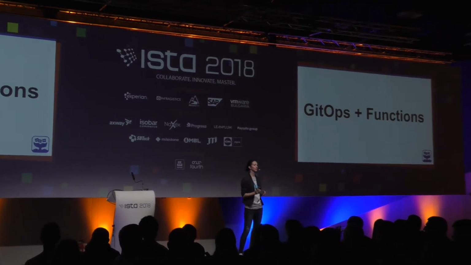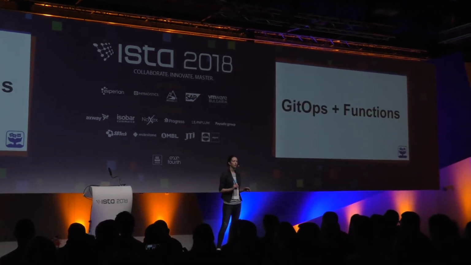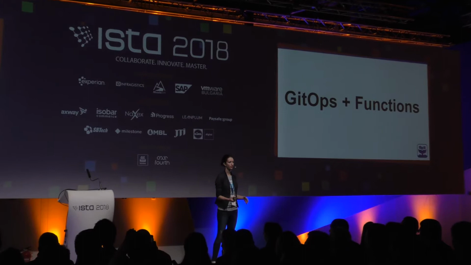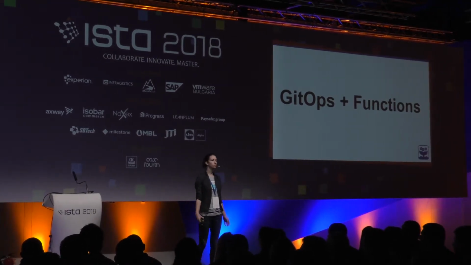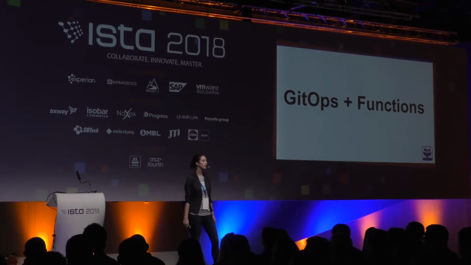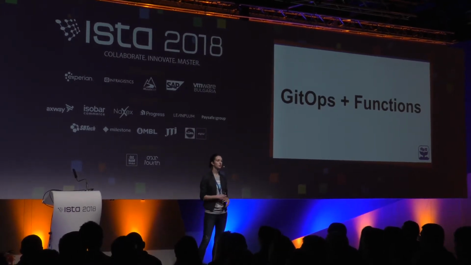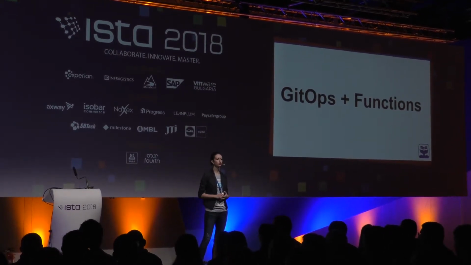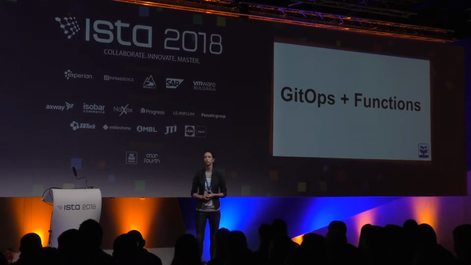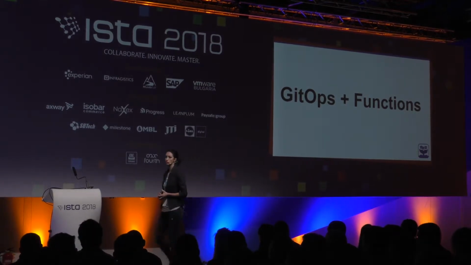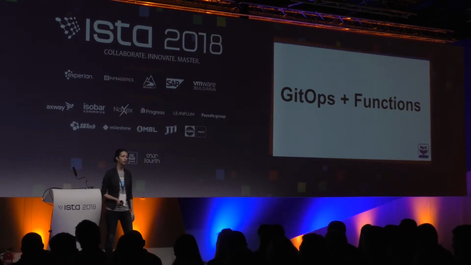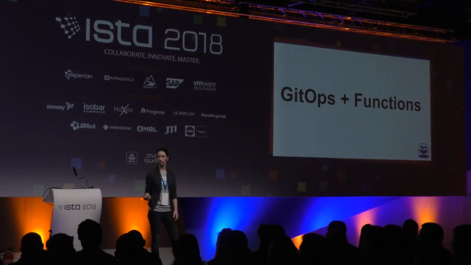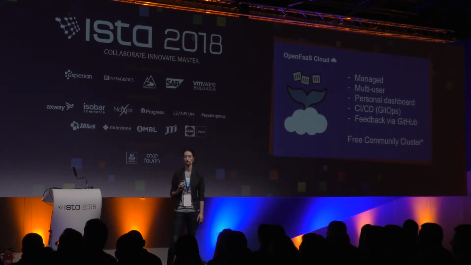So what is GitOps? It means that you can use Git and any platform like GitHub and GitLab, etc. You can work on your code, you can push it there, and this can be the only thing that you do. You don't need to worry how your code is consumed, how it's tested, etc. And this is how we created OpenFaaS Cloud.